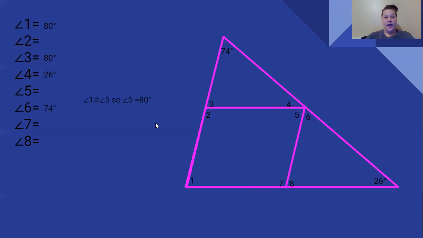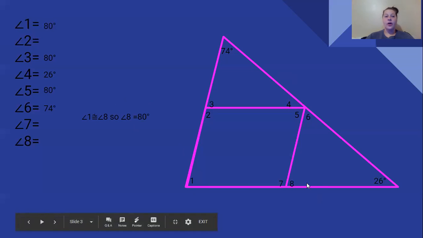All right, now angle 1 and 5 are also congruent because, again, if we put a line right down this middle and flipped it over, it would be exactly the same. So angle 5 is congruent to angle 1, so that one is also 80 degrees. Now, angle 1 and angle 8 are also congruent because if we move this triangle over here, it's going to be the same angle.